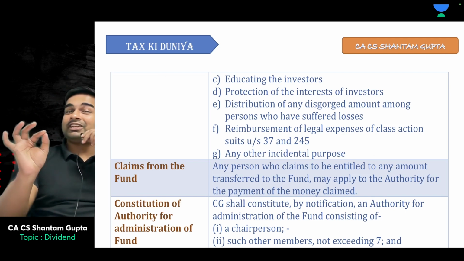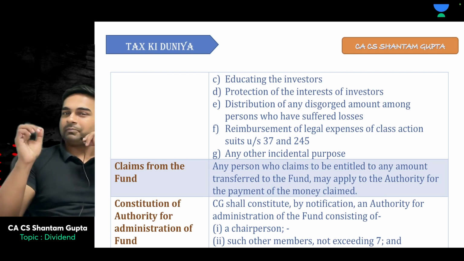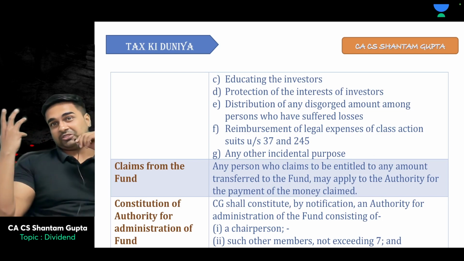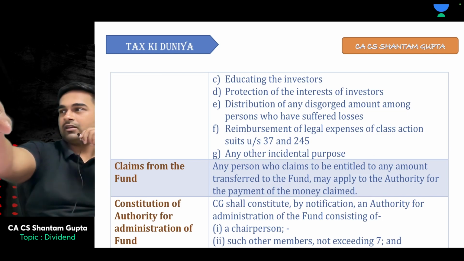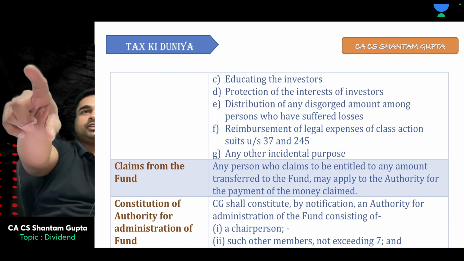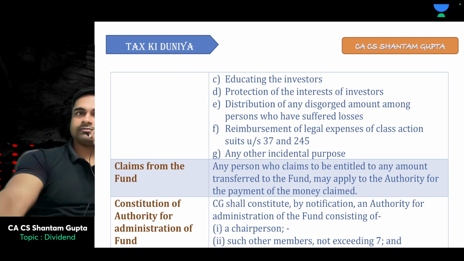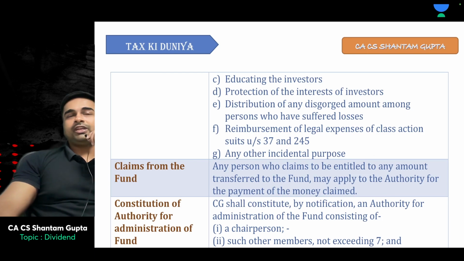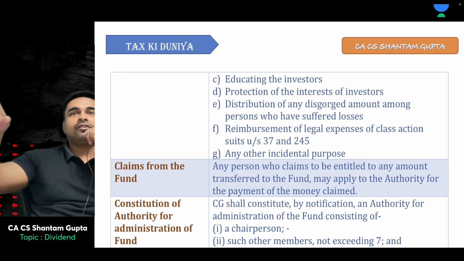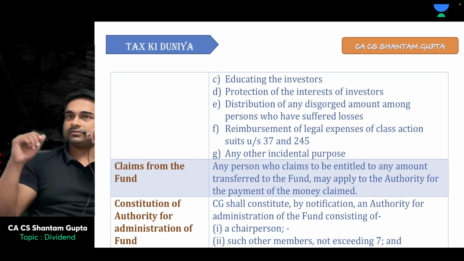Distribution of any disgorged amount among persons who have suffered loss. Heavy word. Disgorged amount. What does this mean? Pooja, a fraud person, has committed a fraud in which she has earned, let's say, rupees 10. And because of her fraud, innocent investors like us have lost 10,000 rupees.